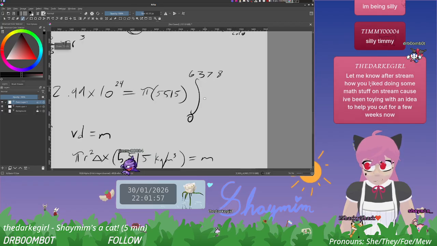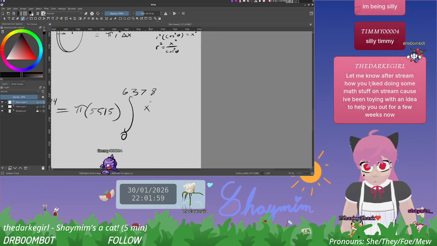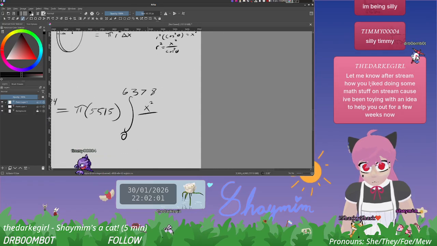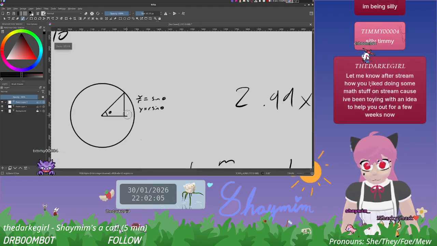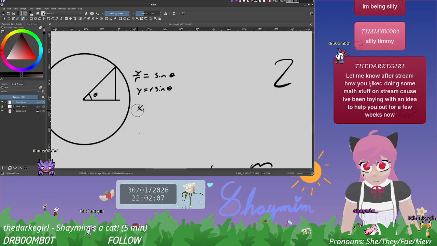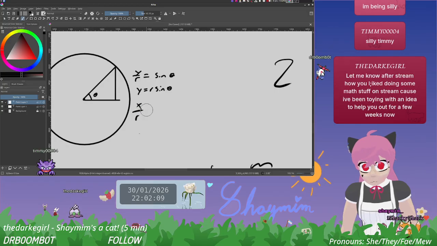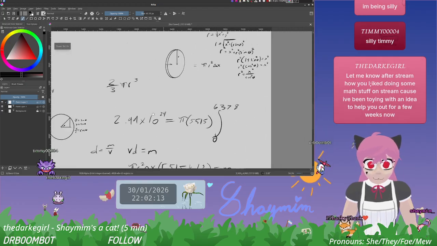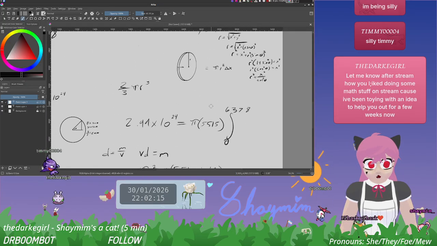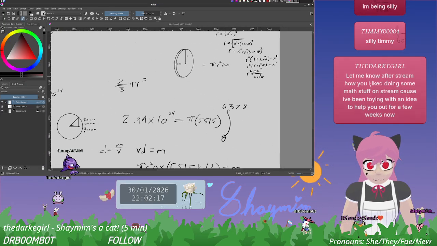And then, so then we look over here again. We have our theta here. X over r equals cosine theta. And wait, we want just r.